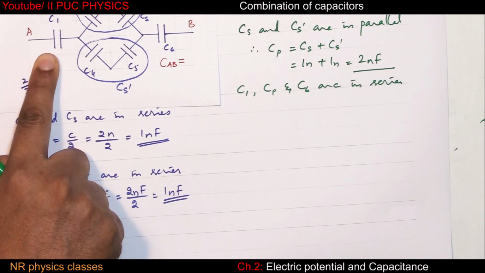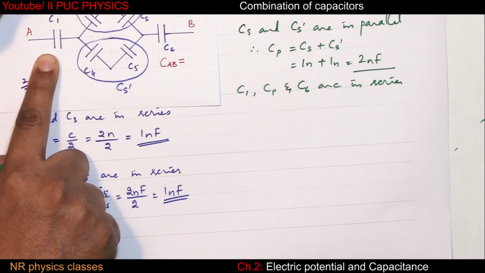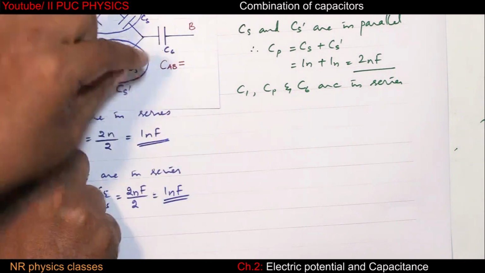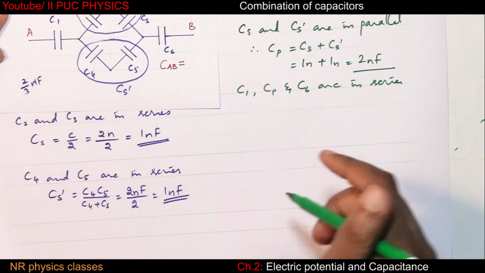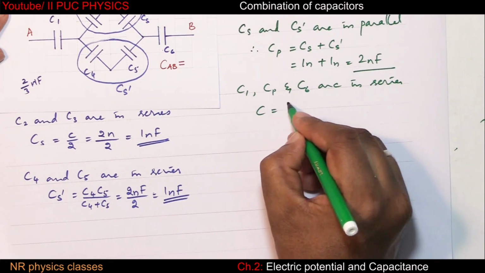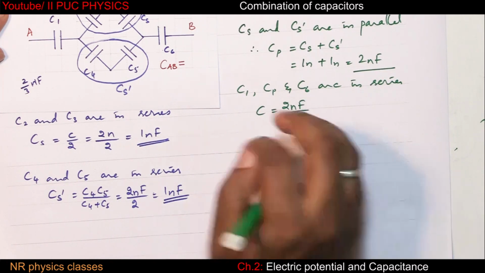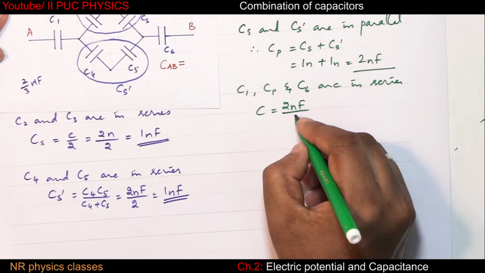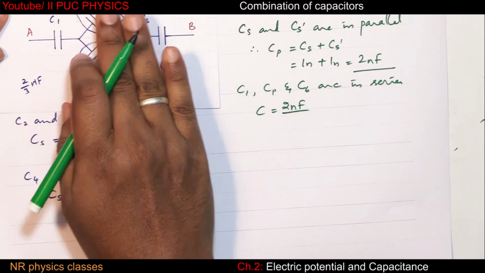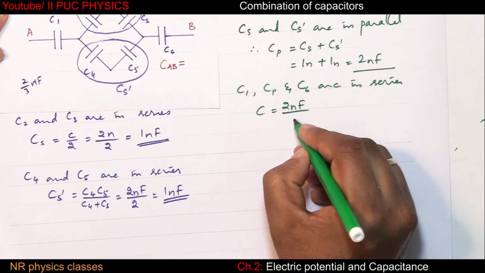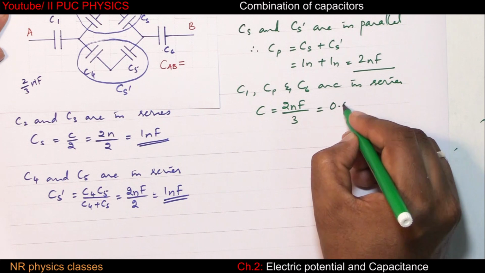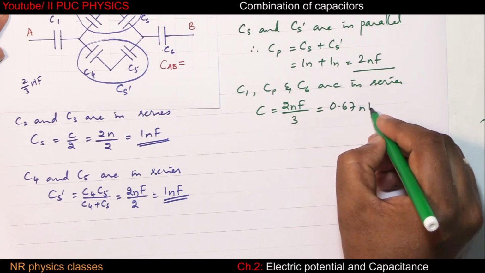C1 is 2, C6 is 2, this is also 2. Therefore C equals 2 nanofarad by 3 identical capacitors. In parallel means multiply, in series means divide by 3. 2 by 3 is 0.67 nanofarad.